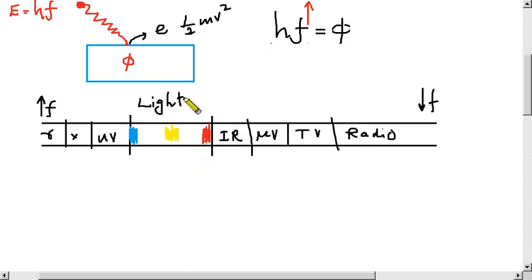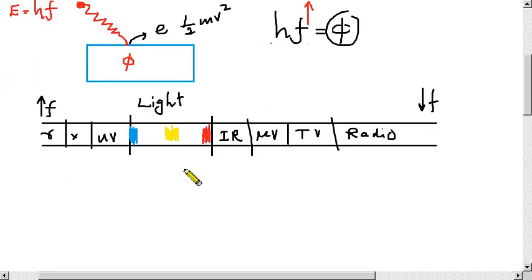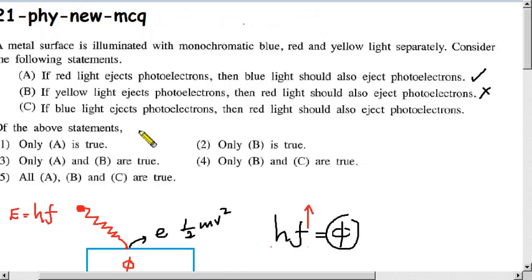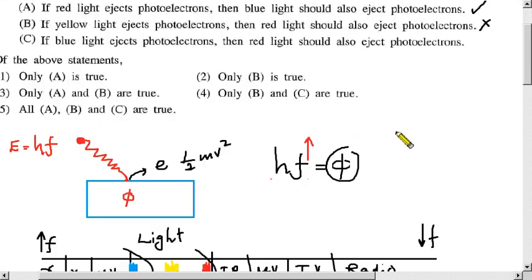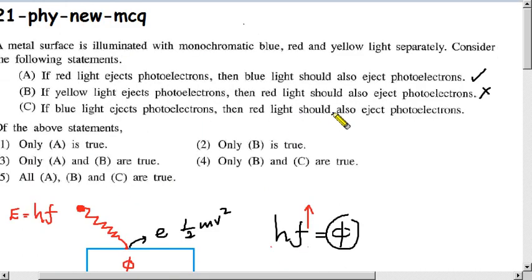We don't know the work function, that means the minimum energy for an electron to escape. We don't know that, and therefore we can't definitely say. But if this one doesn't, this one also can't. Therefore this one is wrong.